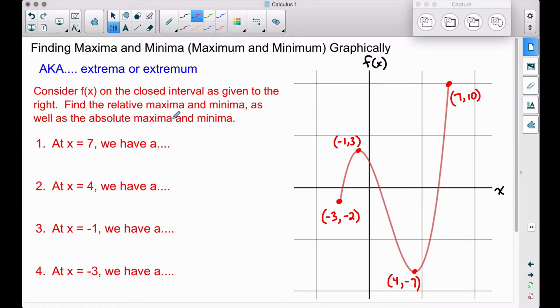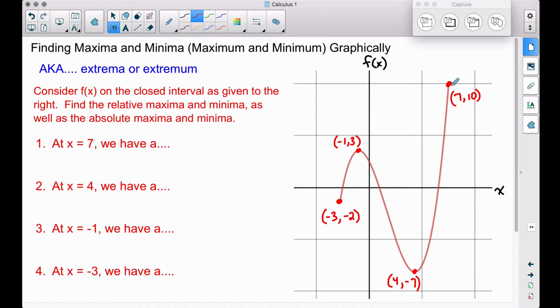Now, what's the difference? Absolute, think about it like this. Absolute means the absolute highest point or the absolute lowest point, whether you're talking about maxima, highest, or minima, lowest. So let's look at x equals 7 on this closed interval. Here's an endpoint and here's an endpoint. At this point, when x equals 7, we have a y value of 10, and visually, there is no higher point on this curve on this closed interval.